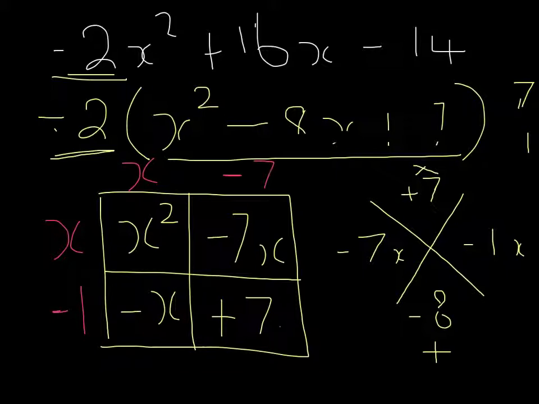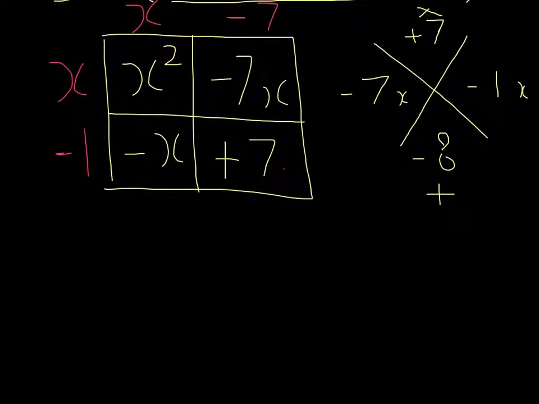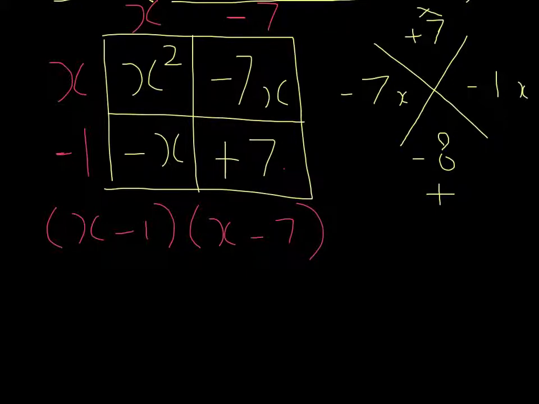So our factors of what we've done just here, let's look at what's in the rectangle: x minus 1 and x minus 7.